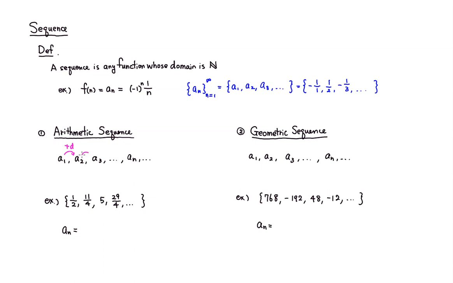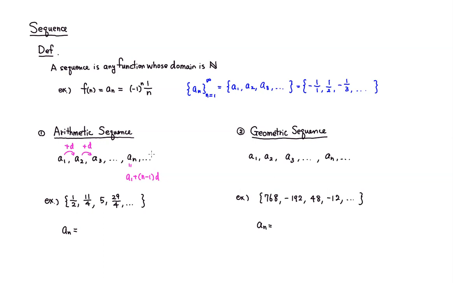So for a2, we add 1d to a1. To get a3, we add 2d's to a1. So a_n is going to be a1 plus (n minus 1) d's added to it.